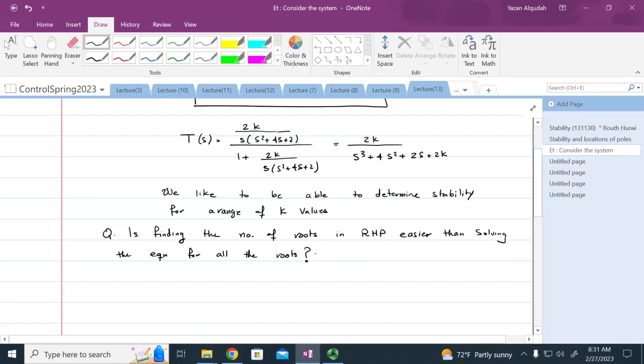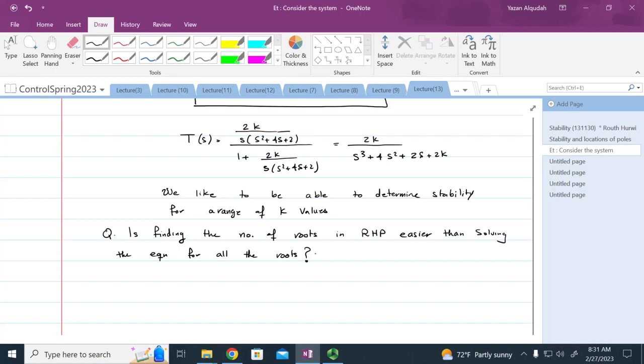So if you want to determine the stability of this system, we have two options. What are the two options? Finding all the roots, and then see where these roots are. What is the second option? Just the roots that make it unstable. Okay, that's the second option. What is the third option?